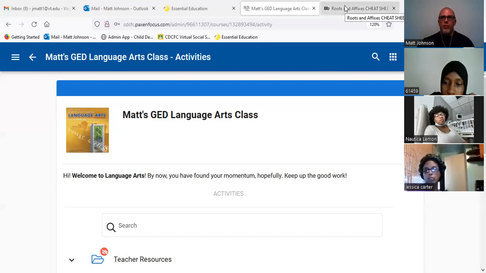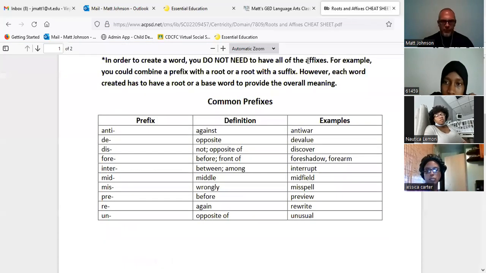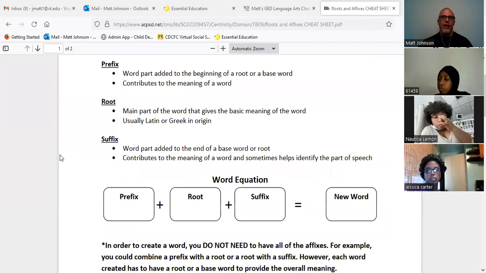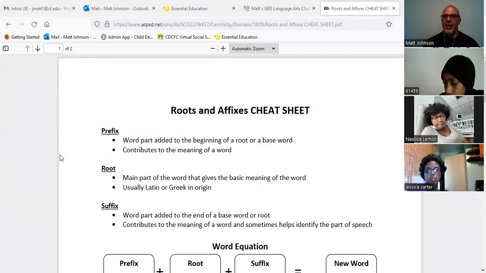So starting with roots and affixes. An affix is an element that you add to a root word to change the definition. You change the meaning of the word. Prefixes come before a word, at the beginning of the word, and a suffix comes at the end.